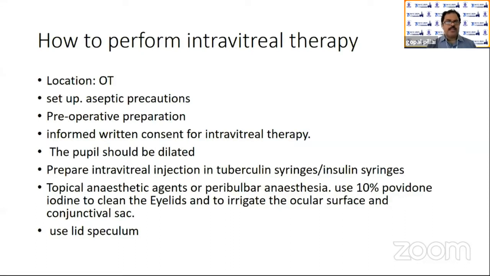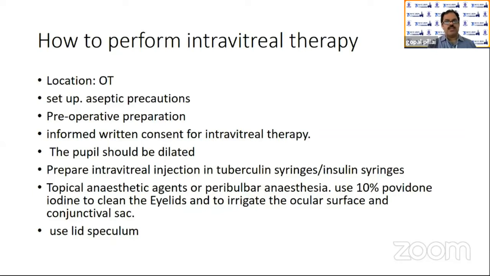So first of all, let us look at how to perform an intravitreal therapy. Once you have decided that you are going to give an intravitreal injection, there are different people who would take the patient to a safe room in the OPD to inject, but generally we prefer the operation theater itself, because it is cleaner and there is less movement within the theater.